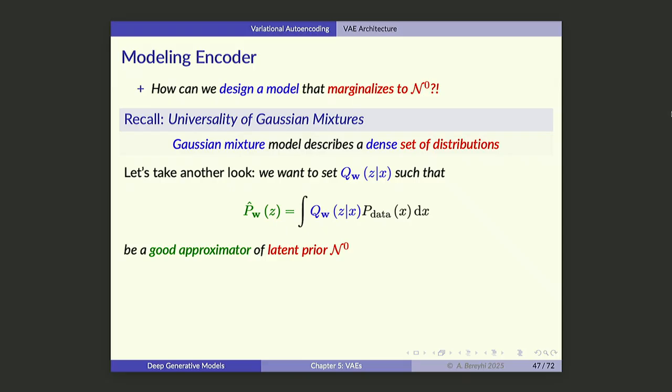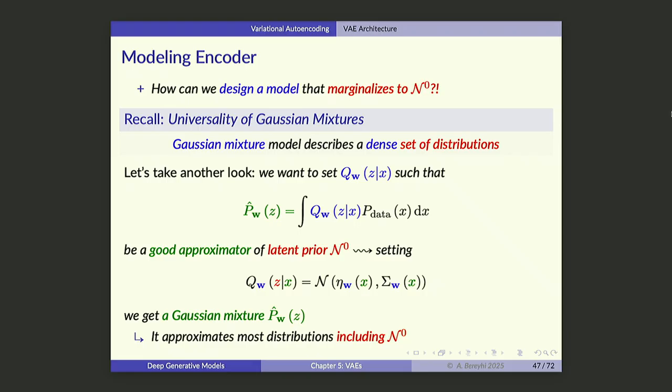And since it's a Gaussian mixture, it's able to mimic most distributions, including the zero mean unit variance Gaussian. In other words, if I set this Q distribution to be one normal distribution with a mean and covariance matrix, both computed for the given x, then given x it is a Gaussian distribution. When I marginalize it over x, this gives me P hat, which is essentially a Gaussian mixture distribution, exactly like what we did in the generator.